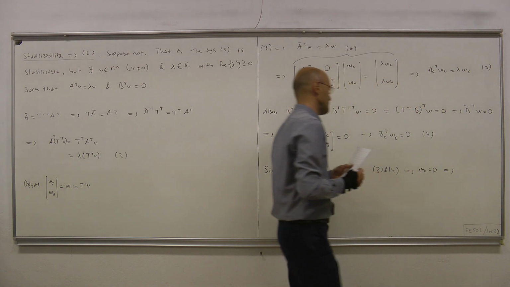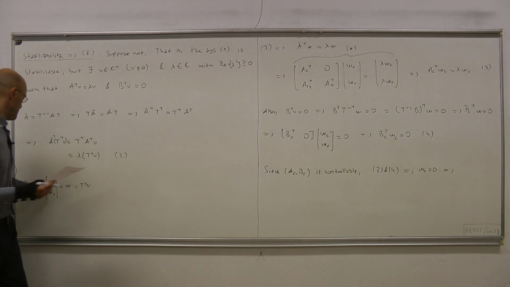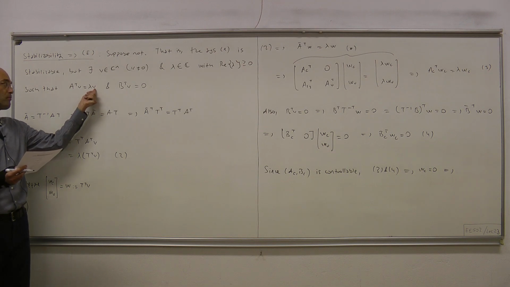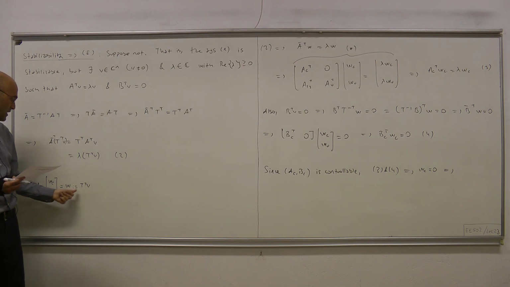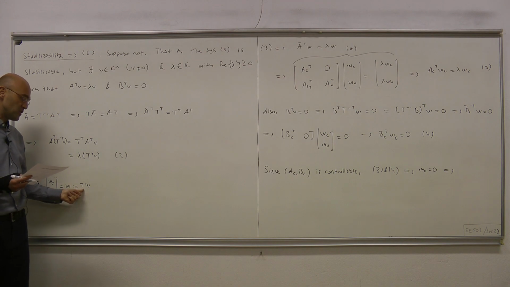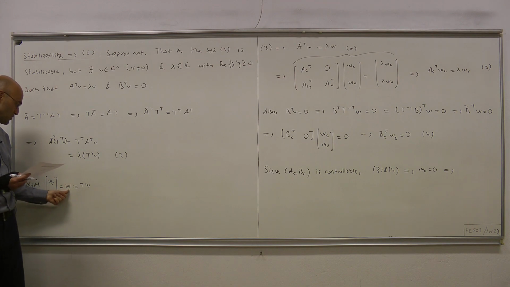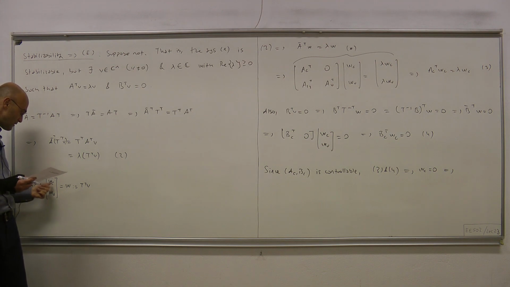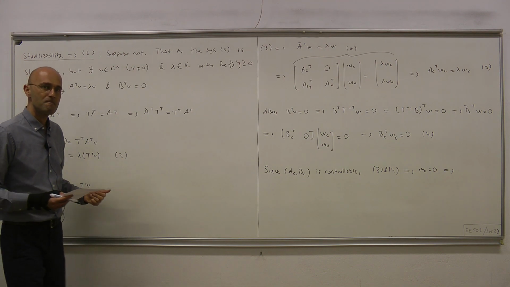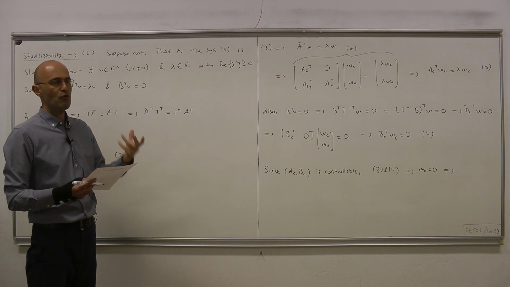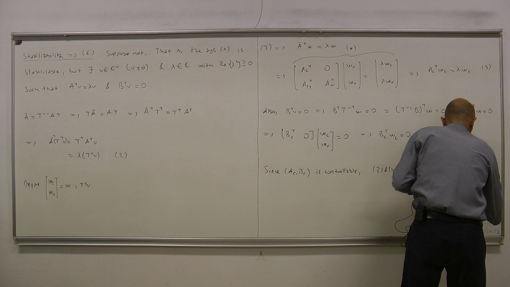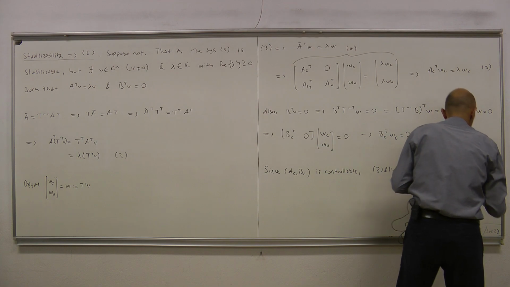And what does that imply? Now WC is 0 and V is non-zero because it's an eigenvector. Therefore W is non-zero because this is a non-singular matrix. So W is non-zero and WC is 0. Therefore this part, the WU component, must be a non-zero vector. WU must be different than 0.